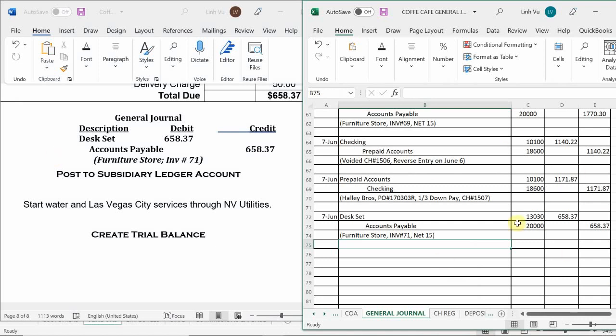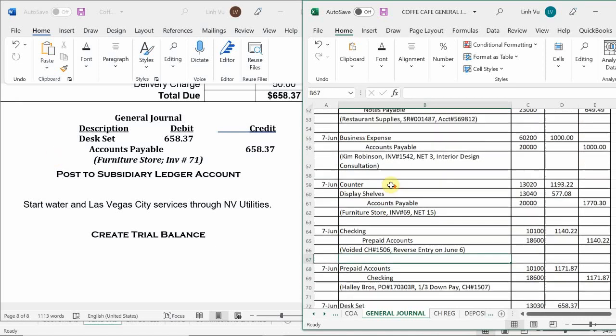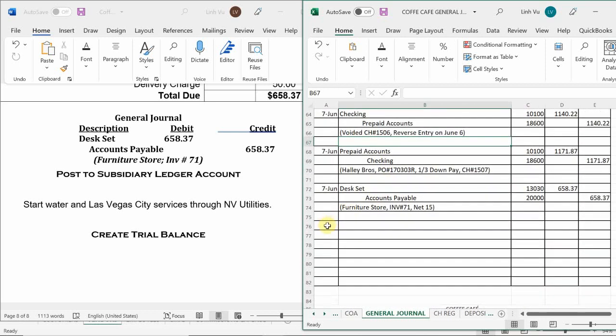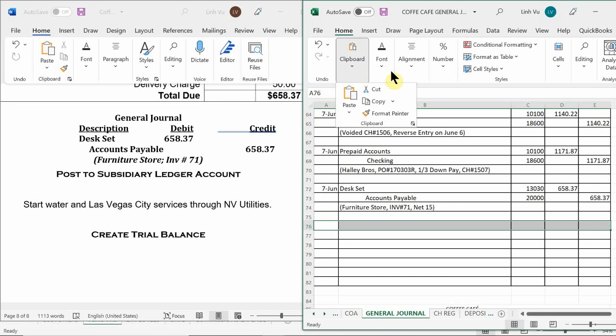So what I like to normally do is I like to go to my journal and say, okay, if this is the case and we're going to be completing our first trial balance, I like to block off or do a little cutoff point just so I know where my transactions end.